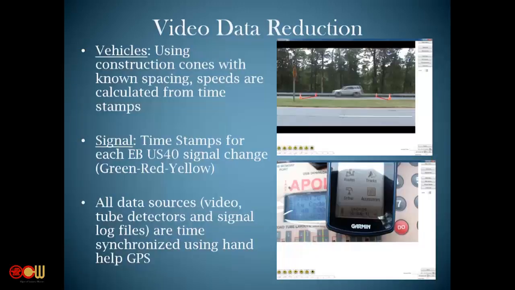Okay, here's the one where we use cameras, and you have to synchronize the signal timing with your video camera, okay? The timing plan, the time clock, should be synchronized with the GPS tool, okay? To measure the speed and travel time over that period.